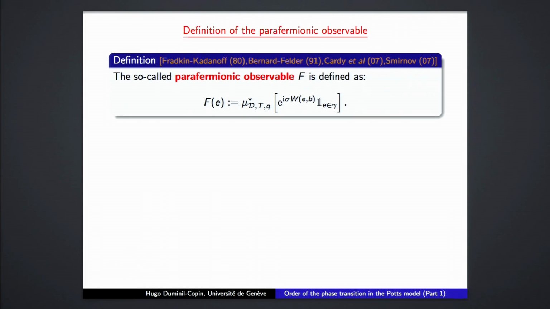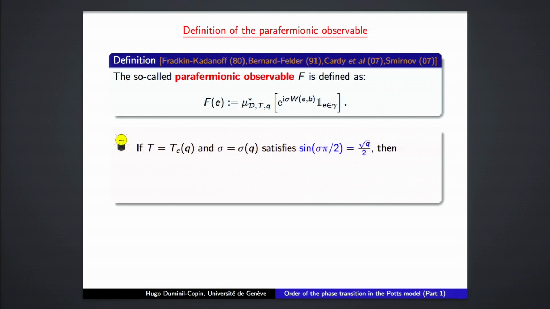The important thing is the following: if I look at this observable at any temperature, you start from the Potts model, you transform it into a loop model, and you look at basically the probability that an edge is on this exploration path. You get a certain quantity. It's a function of the edge.